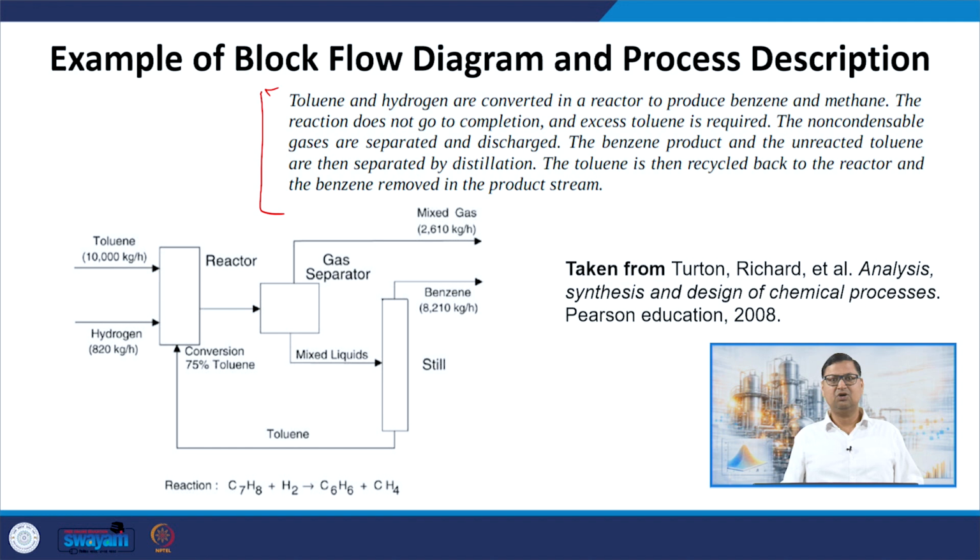The reaction does not go to completion and excess toluene is required. The non-condensable gases are separated and discharged. The benzene product and the unreacted toluene are then separated by distillation. The toluene is then recycled back to the reactor and the benzene removed in the product stream.